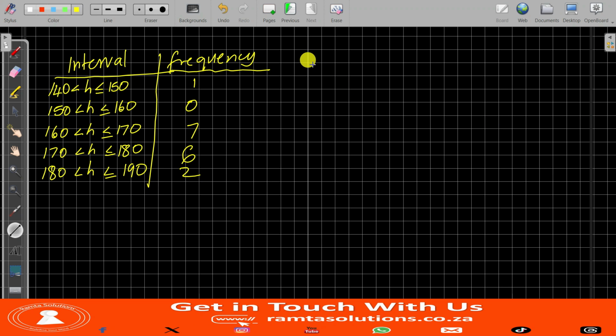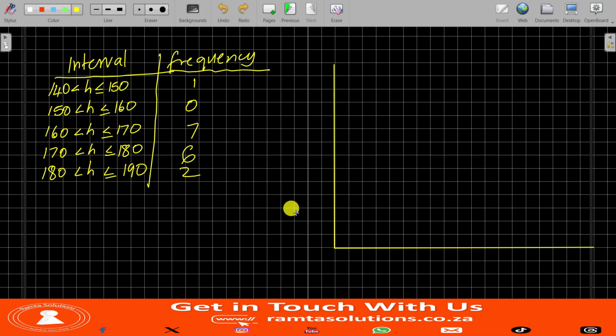So this represents the frequency, and this represents the intervals here. So it's going to be 140, 150, 160, 170, 180, 190. I think it's better, isn't it?